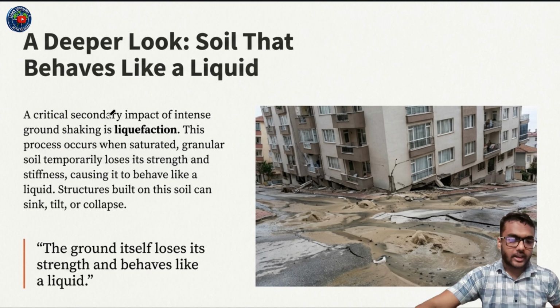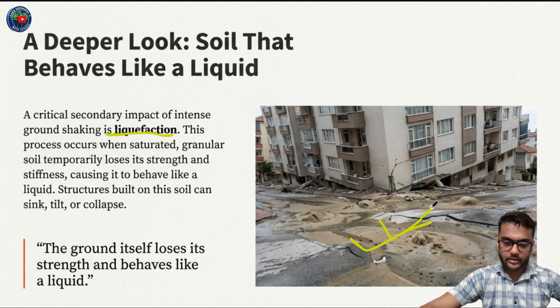A critical secondary impact of intense ground shaking is liquefaction. This process occurs when saturated and granular soil temporarily loses its strength and stiffness, causing it to behave like a liquid. This is the picture of liquefaction.